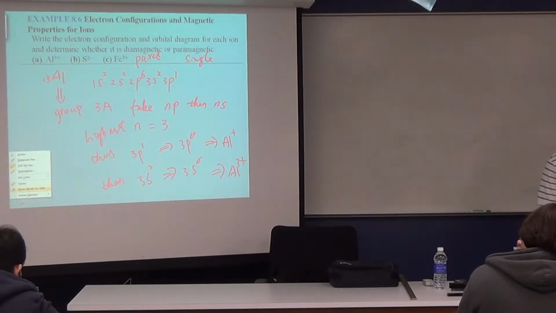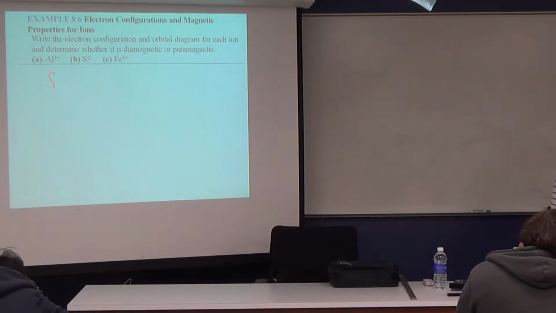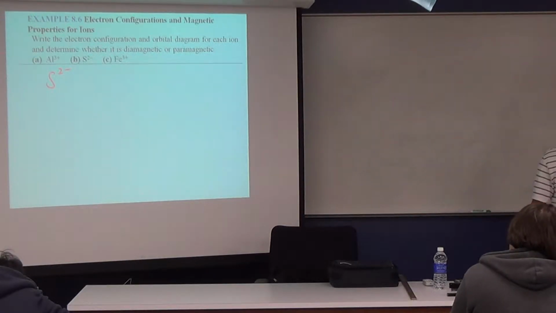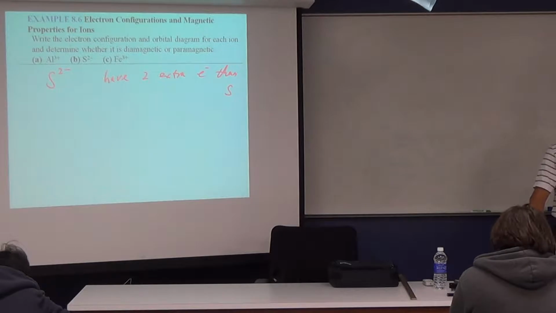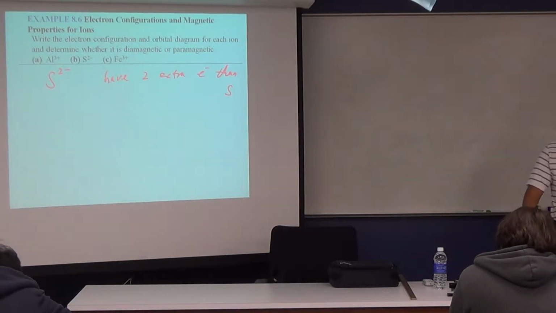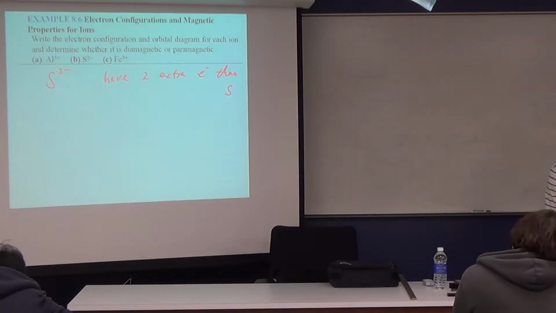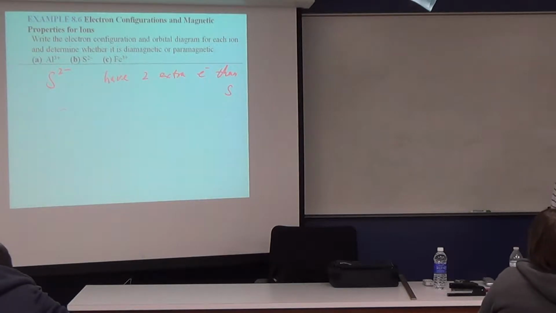The next problem is S2 negative. You already saw an example before. Because it's 2 negative, it has 2 extra electrons than S. So to get the electron configuration for S2 negative, you get S first.